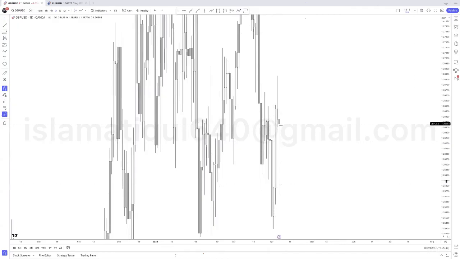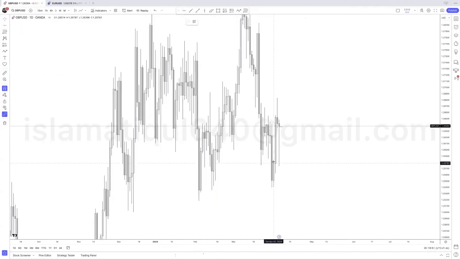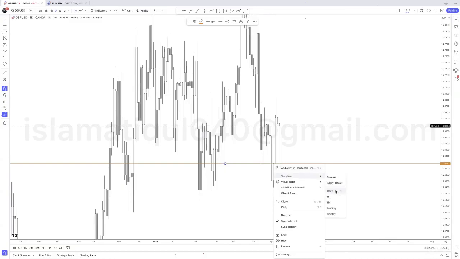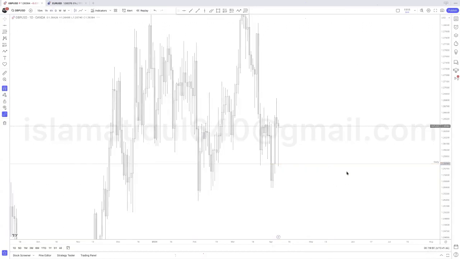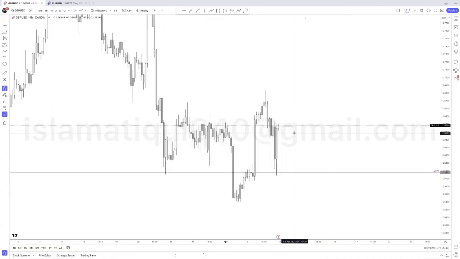Daily has rejected a daily support, and then H4 has given you the breakout structure on the line chart. So if the line chart break has happened as a result of a higher time frame rejection, this is valid. Just line chart breaks alone are not valid, but if it has happened as a result of a higher time frame rejection, it is valid.